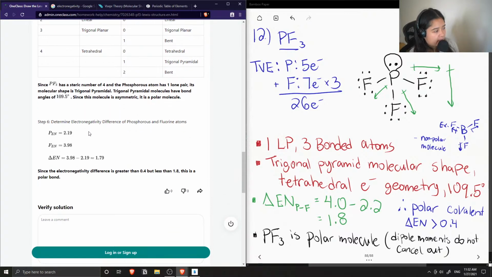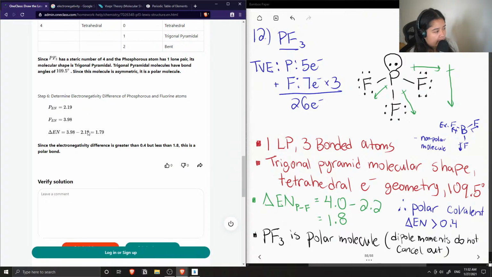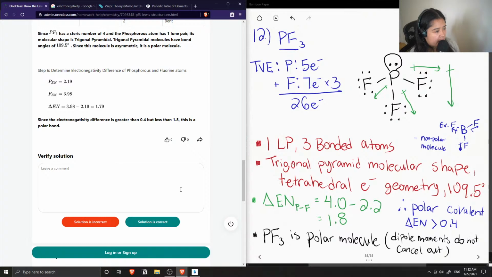And then they determined the electronegativity difference of the phosphorus and the fluorine, and they found it to be around 1.79. So this is a polar bond. And we also know it's polar because it's between two nonmetals. So the solution is correct.